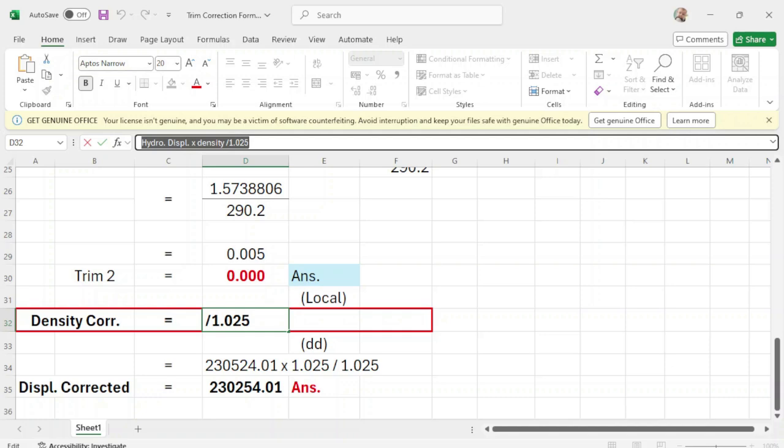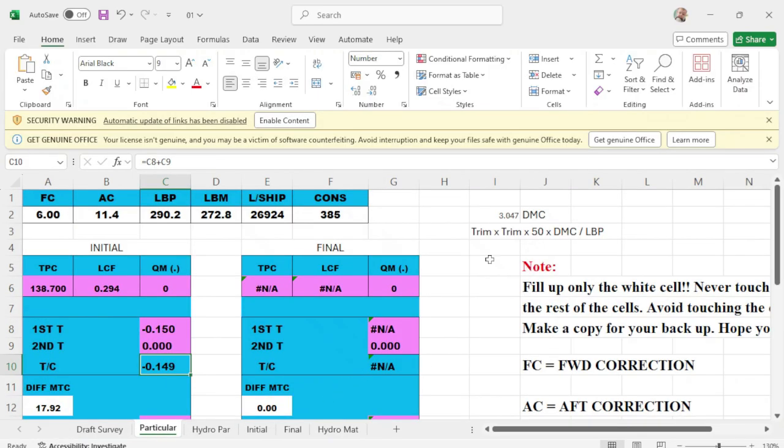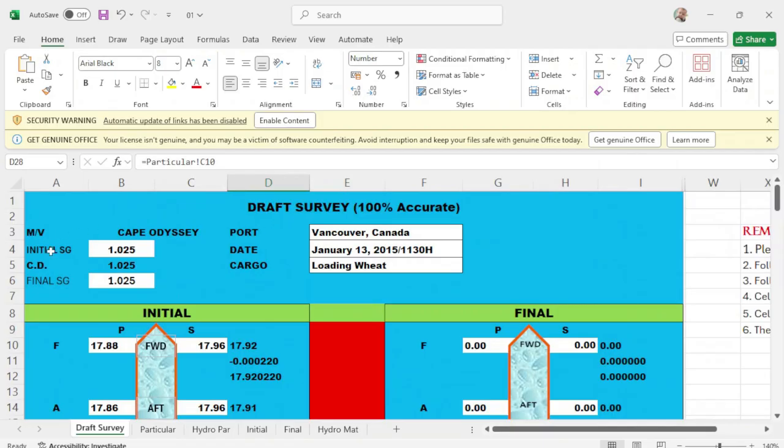Copy, we put this one, density correction. So density correction is hydrostatic displacement times density times 1.05. This density is your local density, which is this one, initial. So what is your initial density? It is 1.025. Okay, that is your initial density.